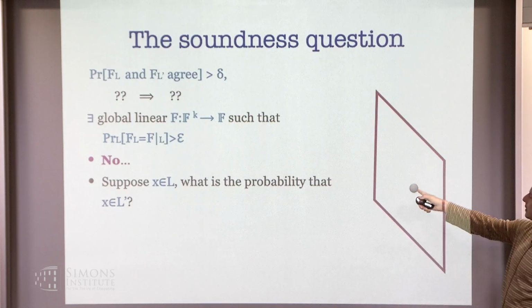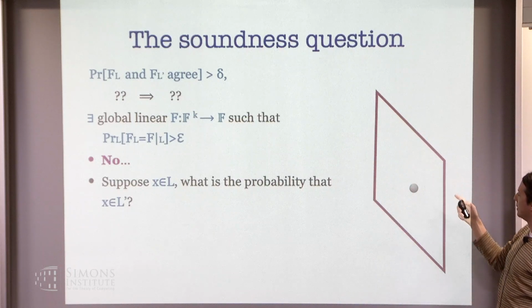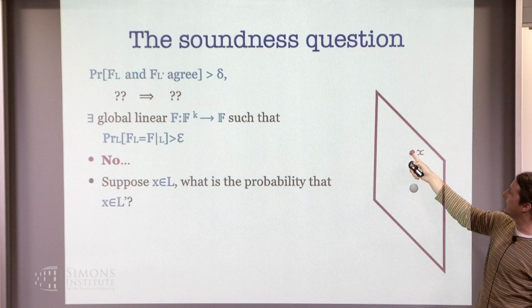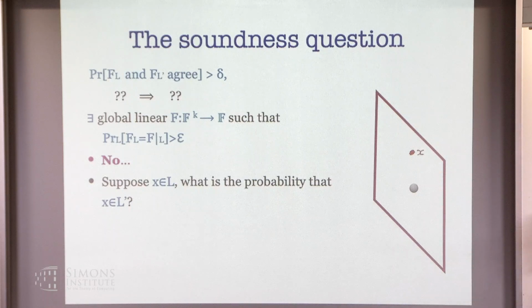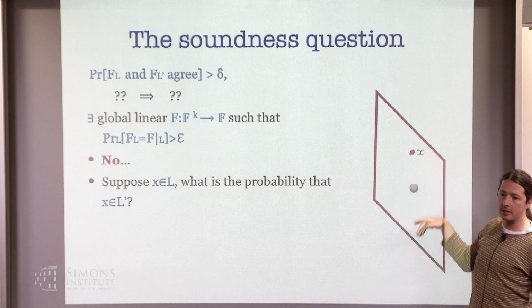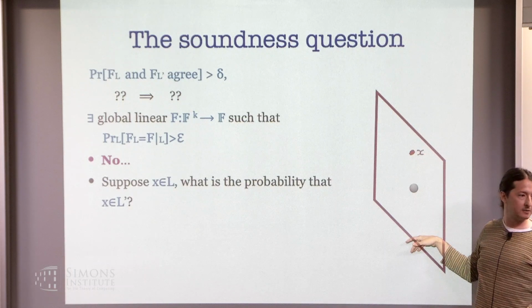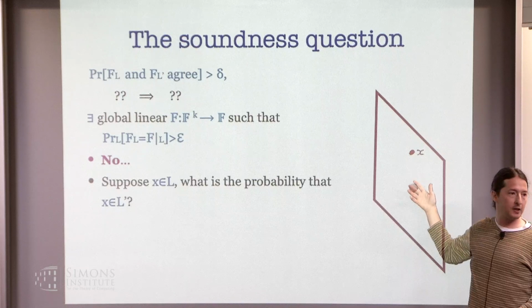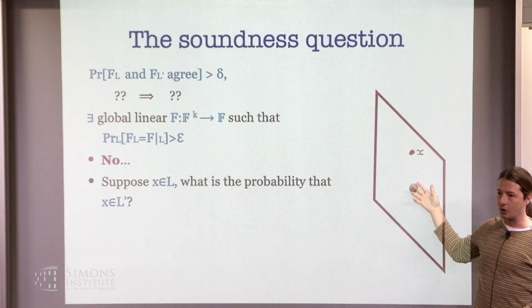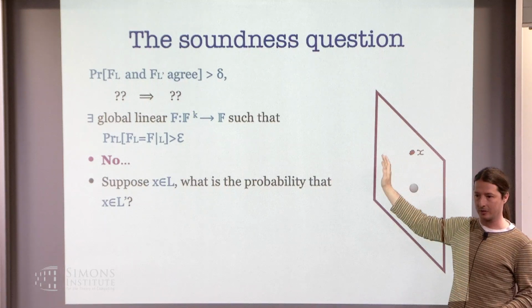Okay, so this is 0. This is the subspace L, and here is X. What I know about L prime is that it contains a subspace of codimension 1 inside L. And this is a field of size 2. So a subspace of codimension 1 contains half of the points.